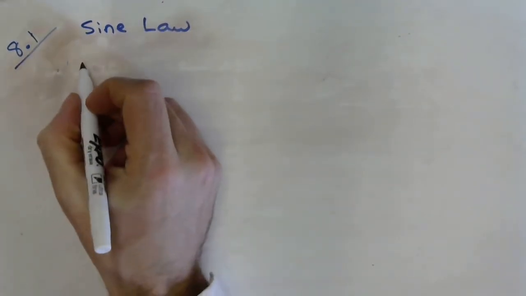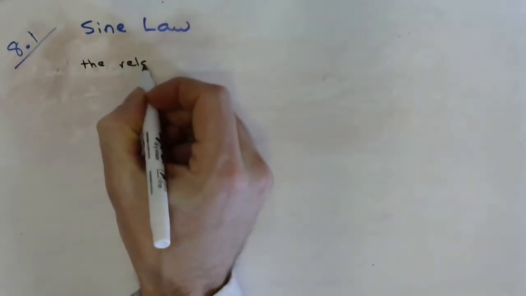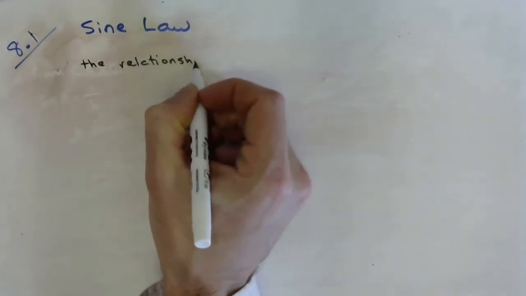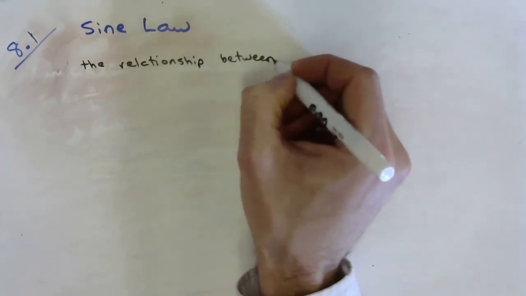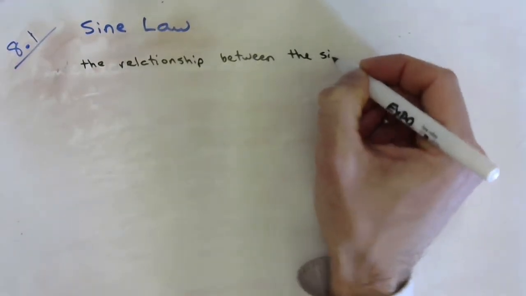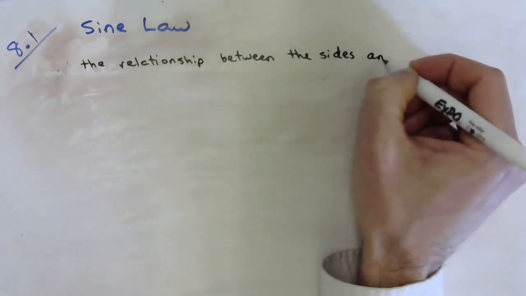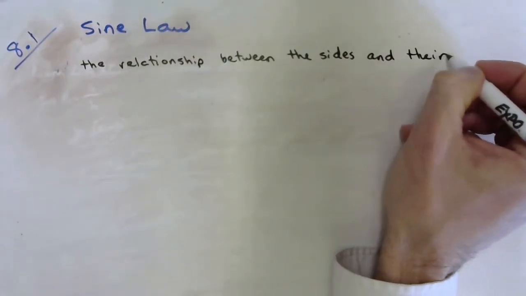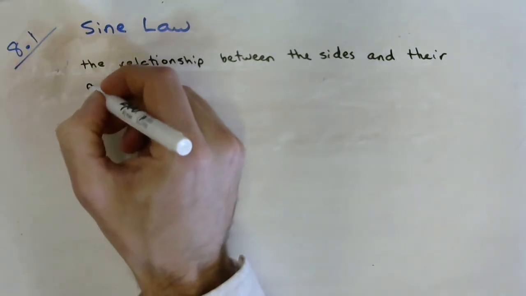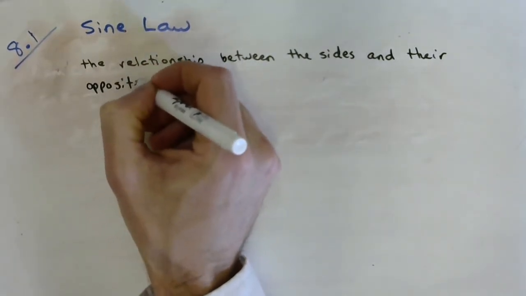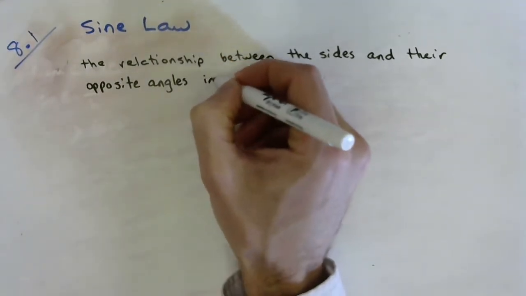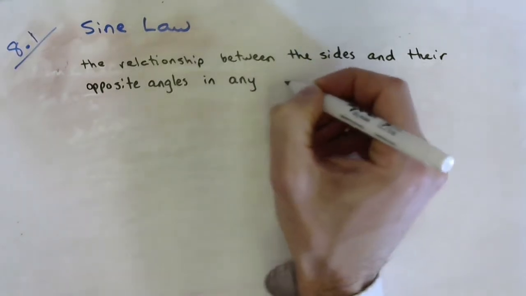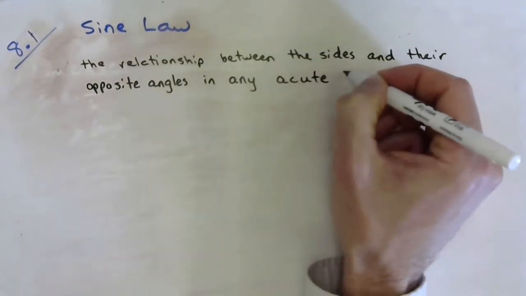Okay, so sine law. What is it? The relationship between the sides and their opposite angles, a relationship between the sides and their opposite angles in any acute triangle.